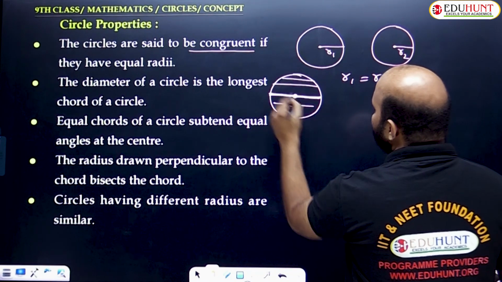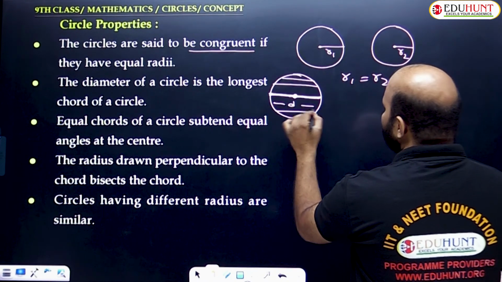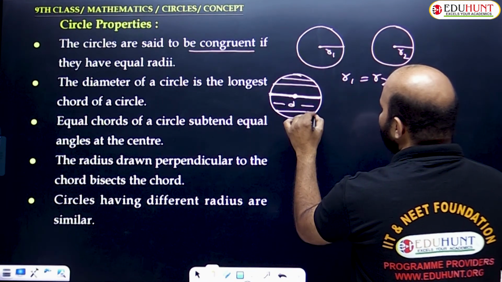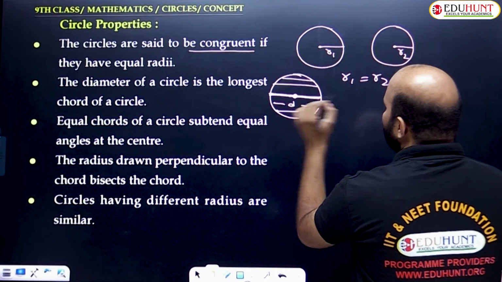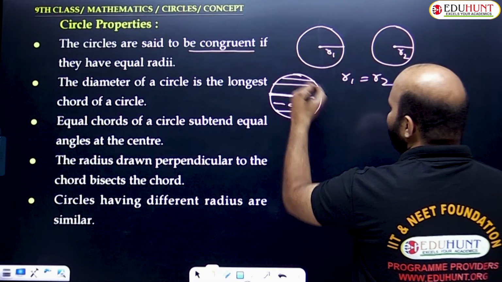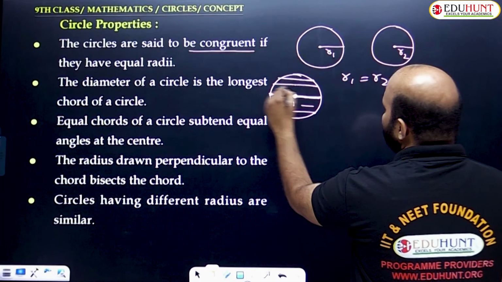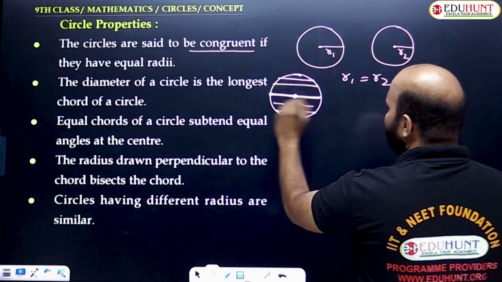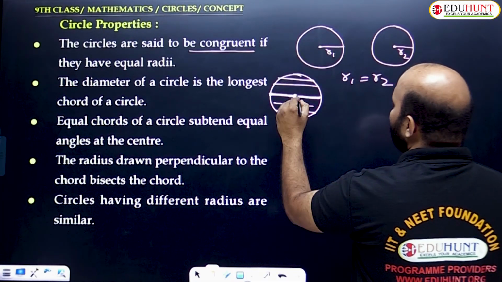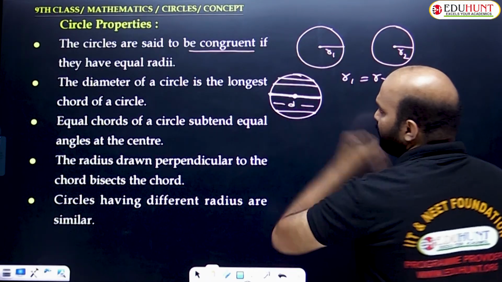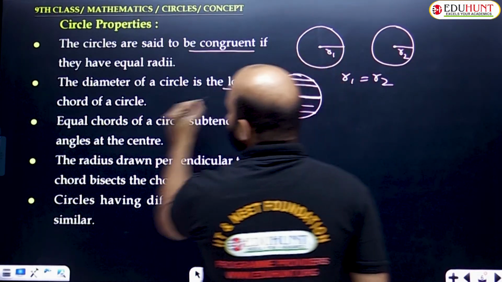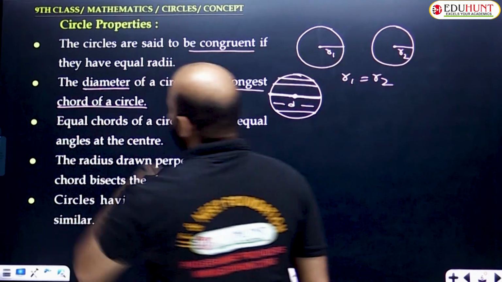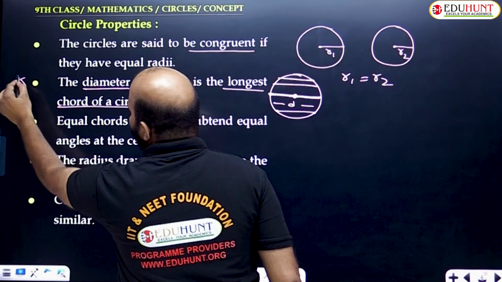This is also a chord, this is also a chord. A line that touches two points on the circumference of a circle is called a chord. Multiple chords can be drawn in a circle, but the largest chord is called the diameter. This is a very important word. Am I clear? This is a very important point.